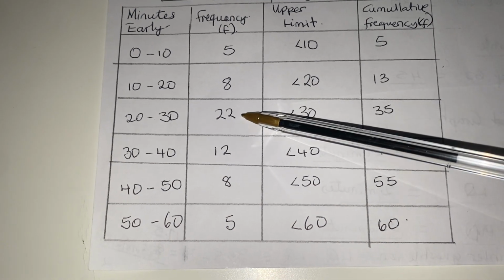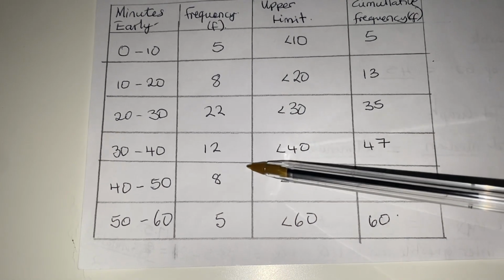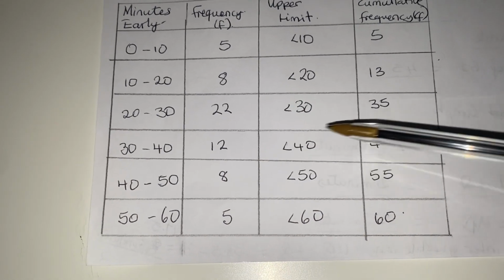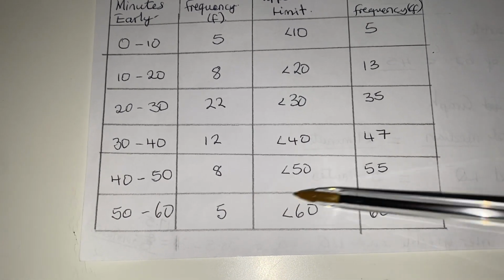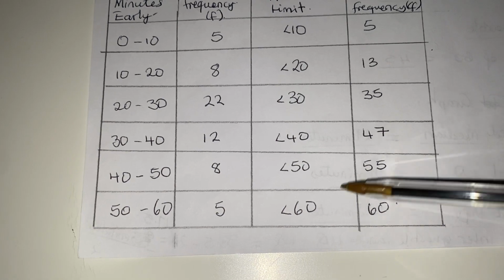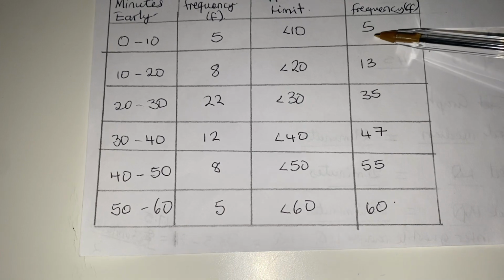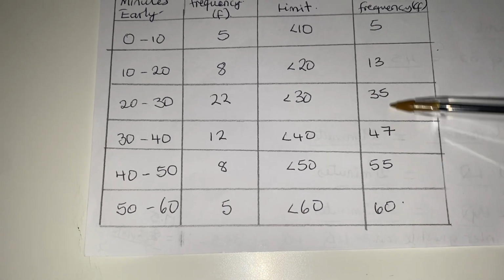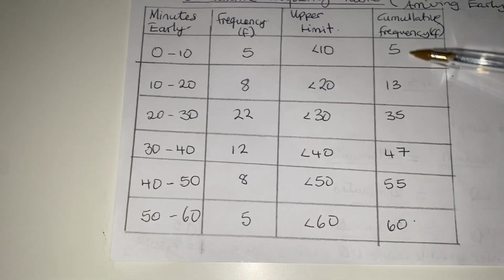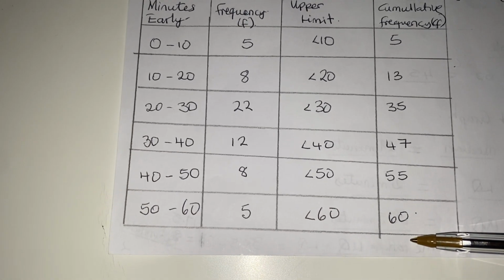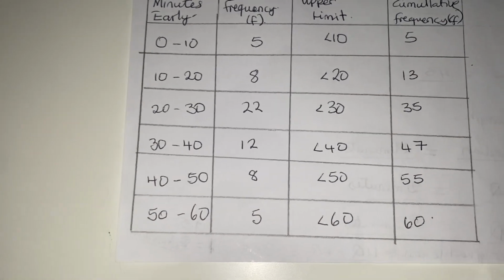Add 22 is 35. Add 12 is 47. Add 8 is 55. And then add 5 is 60. These are figures that you don't need a calculator to do. So whether it came in the calculator paper or the non-calculator paper, you can easily do this.